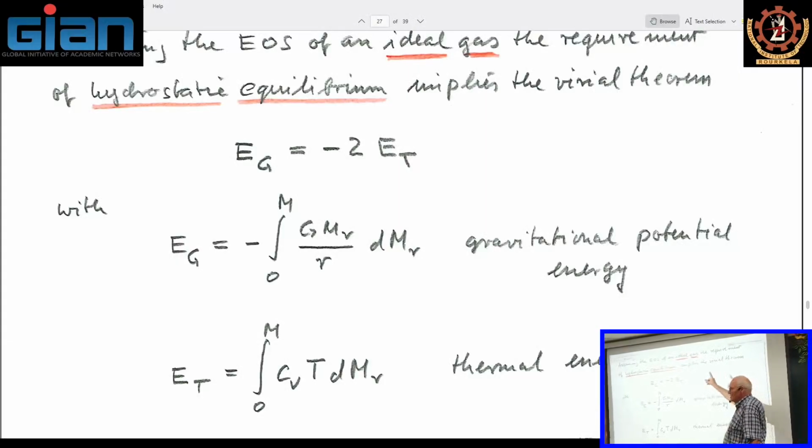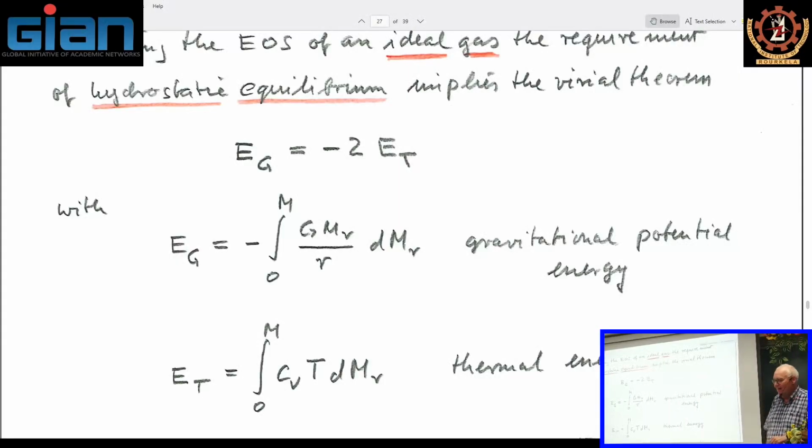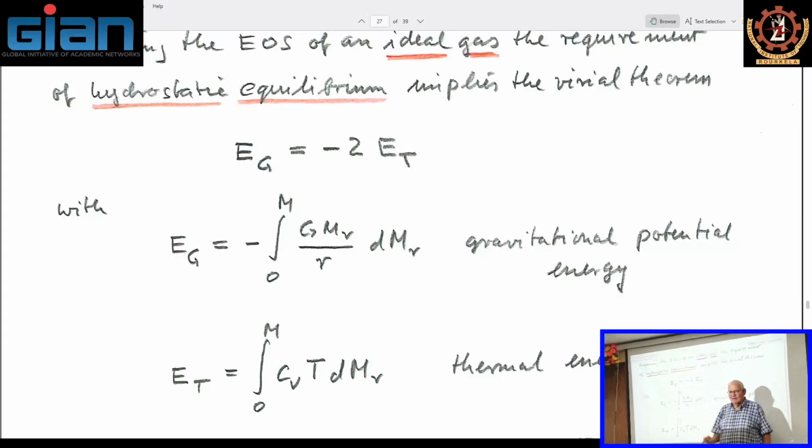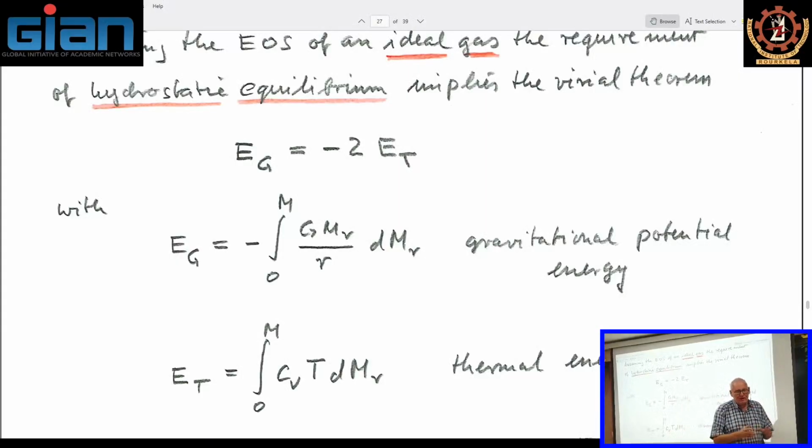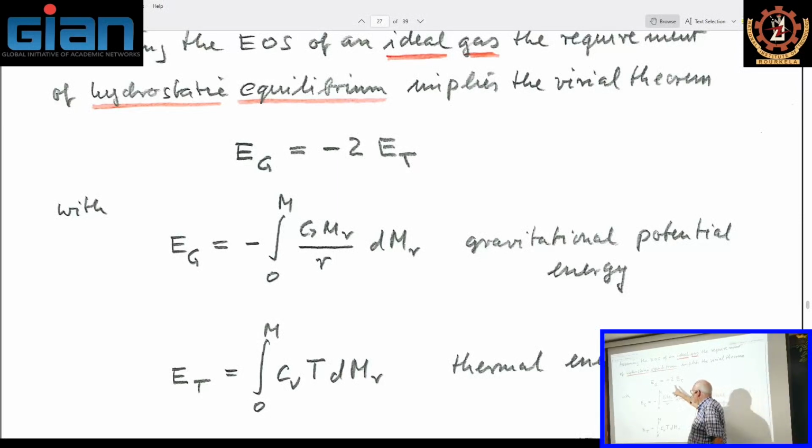The second point is we have assumed the equation of state of an ideal gas, and actually the ideal gas is responsible for the factor 2 here. If we take another equation of state, we will end up with another factor here. In general, if you derive the virial theorem, you will get a similar relation, but the factor in front of the thermal energy will not be the same.